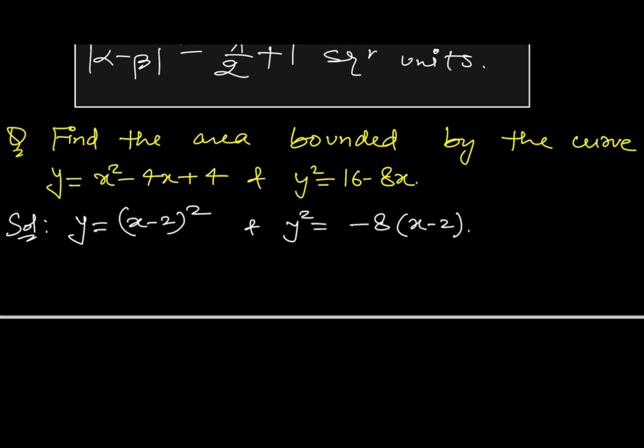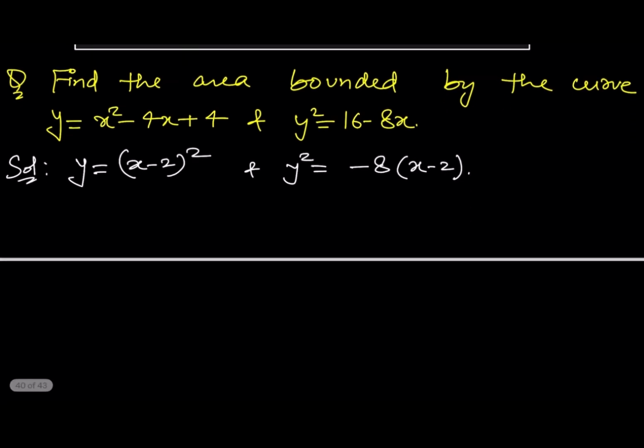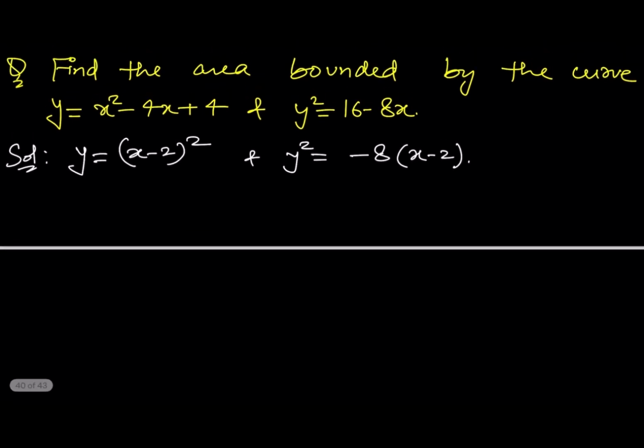So there is a shifting of origin from 0 comma 0 to 2 comma 0. If I draw with the shifting of origin, the figure will be like this. Y is equal to (x minus 2) whole square is this, and y square is equal to minus 8 times (x minus 2).